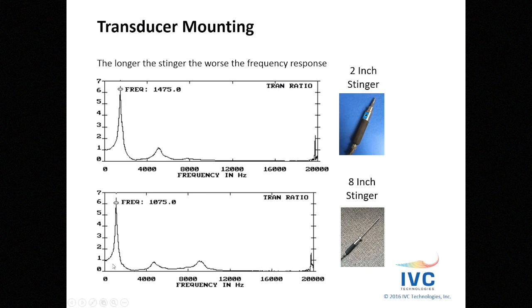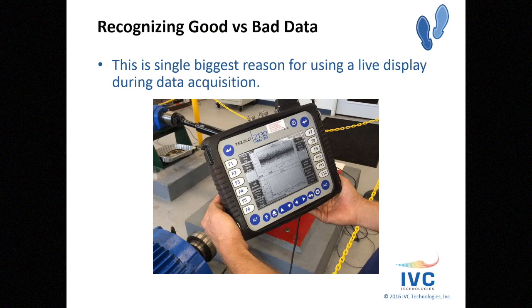Once I get to the 8-inch stinger, I really don't even have a linear range down here. So will it give me some indication of vibration that's occurring? Yes. Can I rely on the level? Absolutely not. So not the preferred sensor, but again, it's better than nothing, and if you're in a pinch, you have to use what you can use.